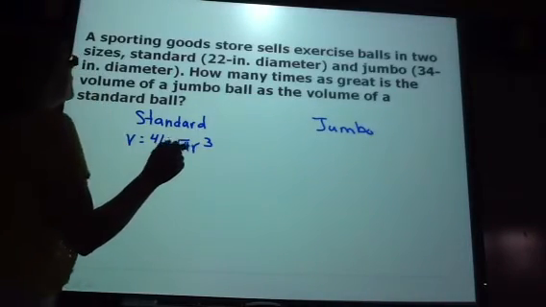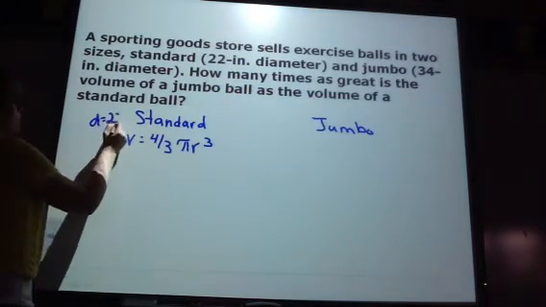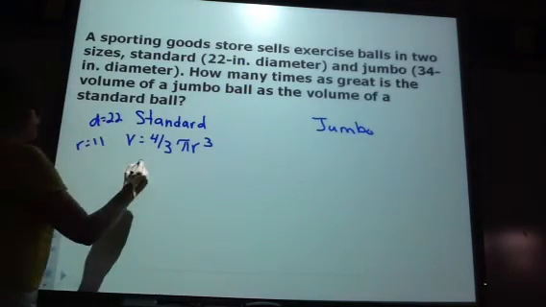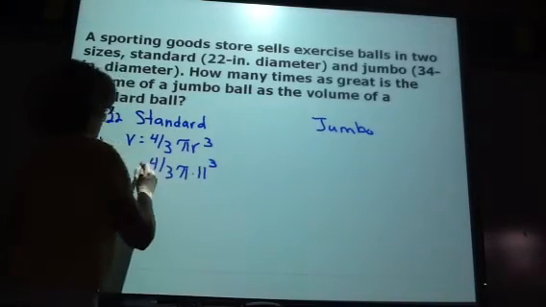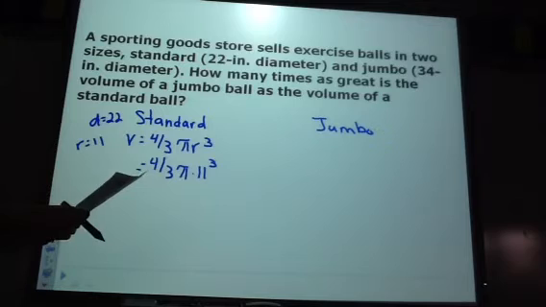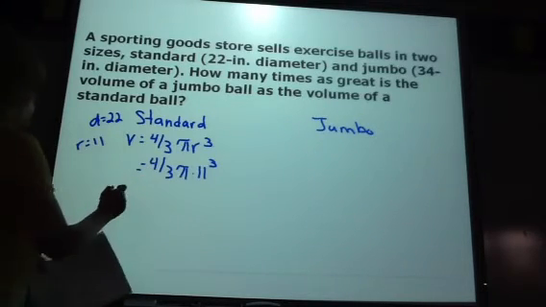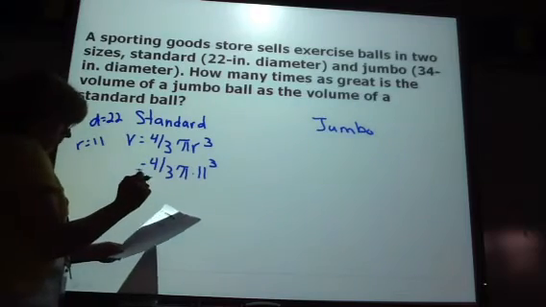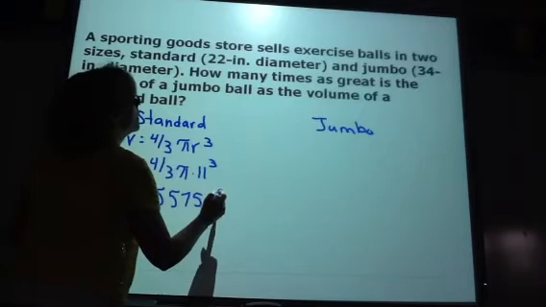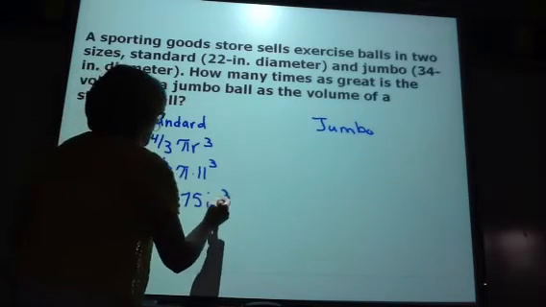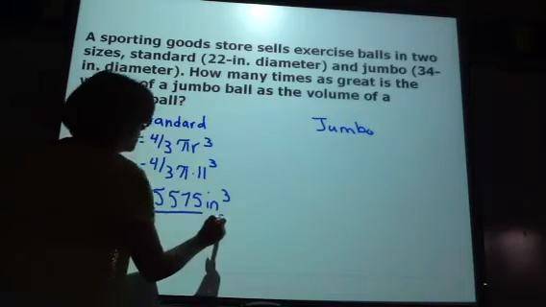For the standard, it's giving you the diameter. So if the diameter is 22, your radius is 11. When you work this out, you're going to get approximately 5,575 cubic inches. So here's your standard.